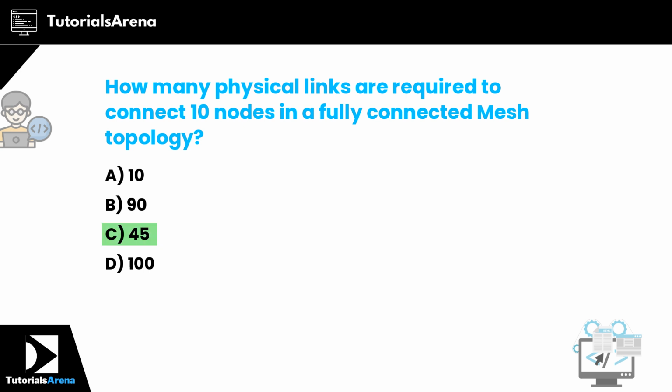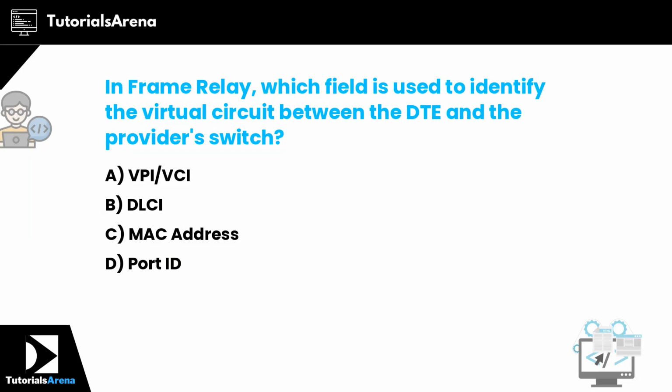The correct answer is option C, 45. In frame relay, which field is used to identify the virtual circuit between the DTE and the provider switch? The correct answer is option B, DLCI.